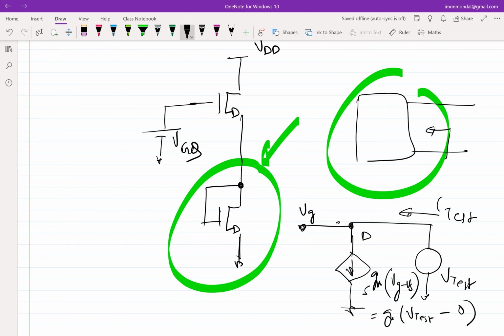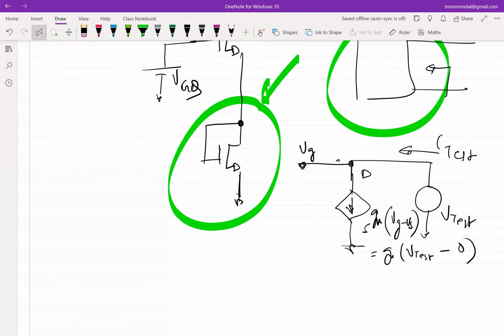So this I test is essentially GM times V test, which means what is your impedance? The output impedance ROC is 1 over GM. So is this a good current source? It's far from infinity, right?